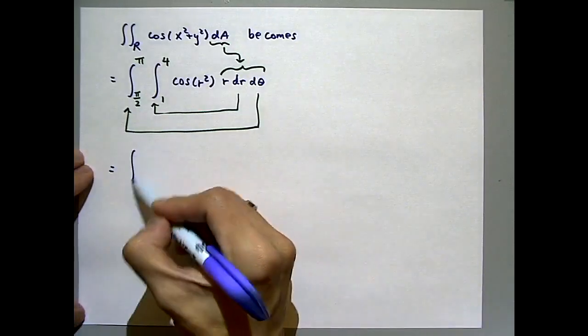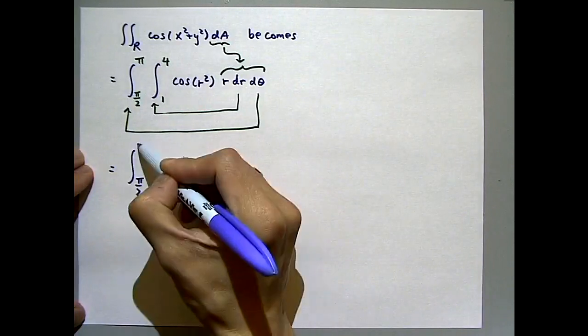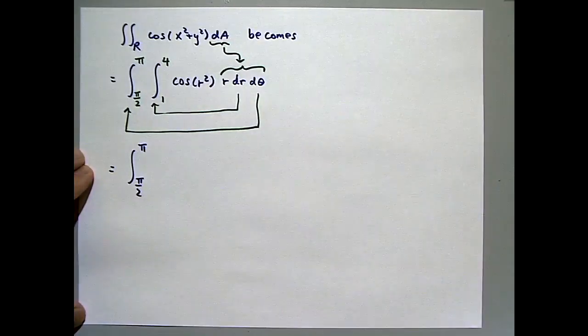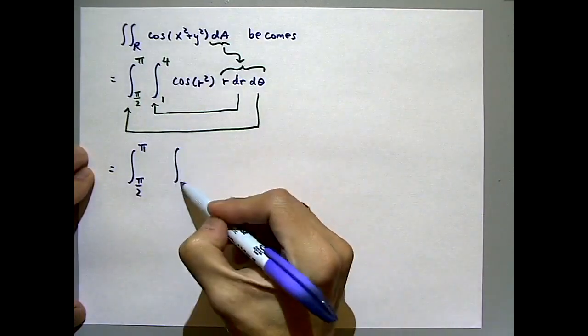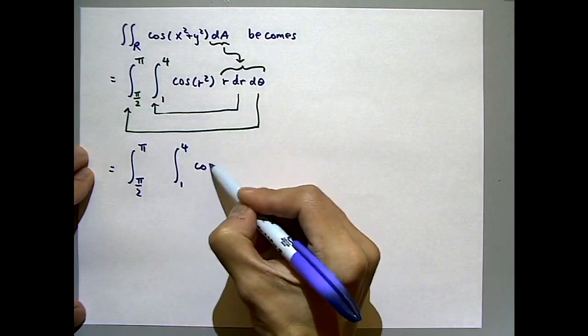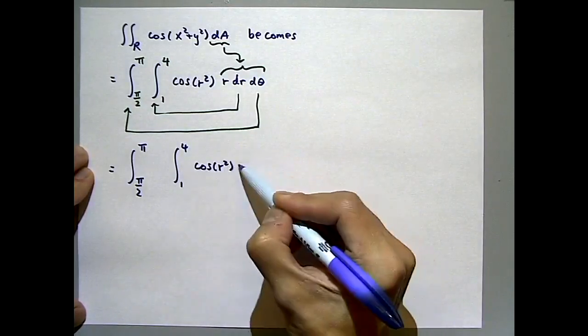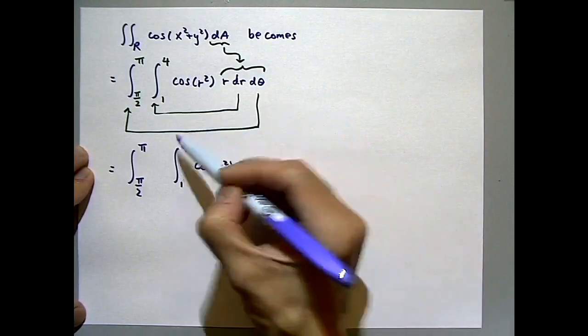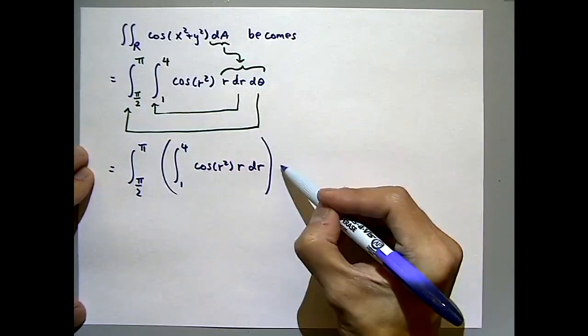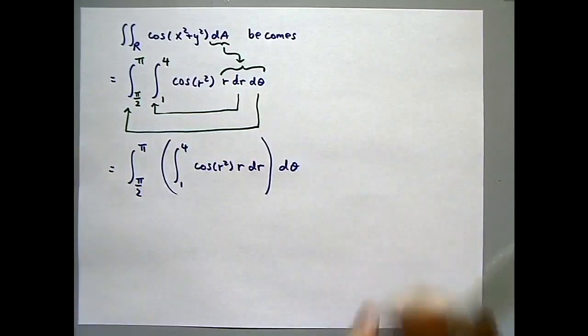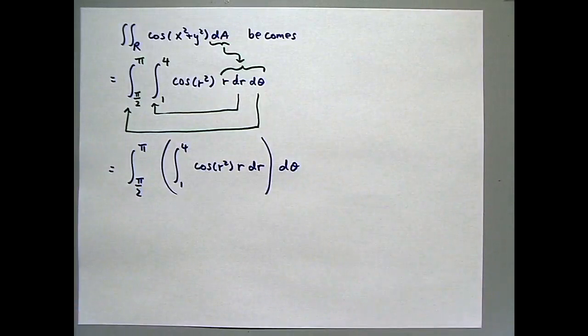All right? So then we do the same thing we've done over and over again. We do the inside integration first: the integral from 1 to 4 of cosine of r squared, r dr. So this happens first. D theta happens last. How would you integrate this?